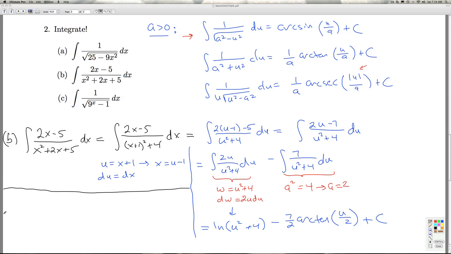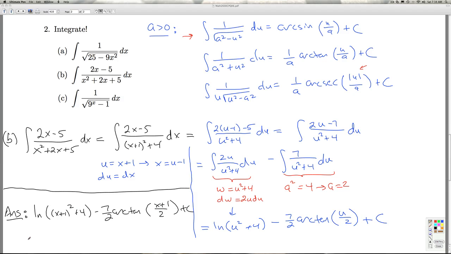So to get our final answer, I would replace u with x plus 1 again, and I would get the natural log of the quantity x plus 1 squared plus 4 minus 7 halves arctangent x plus 1 over 2 plus c.